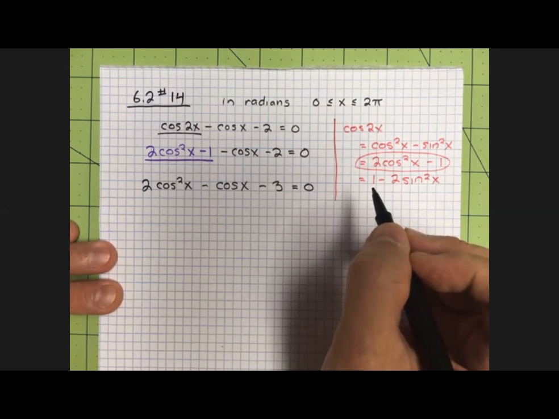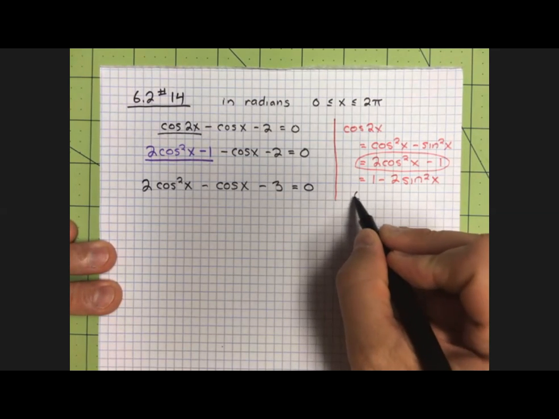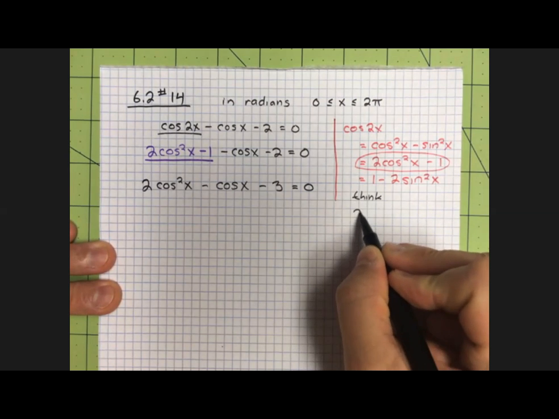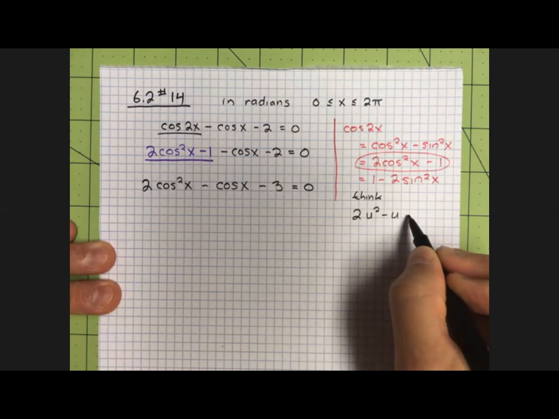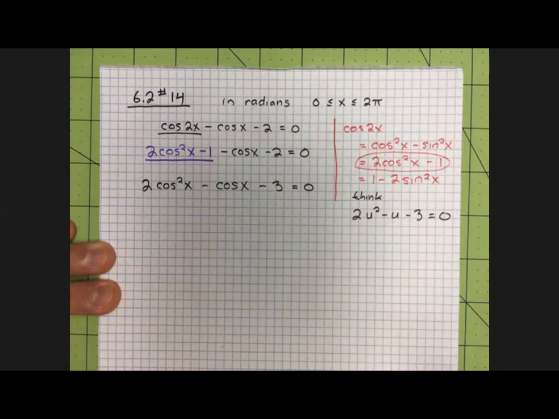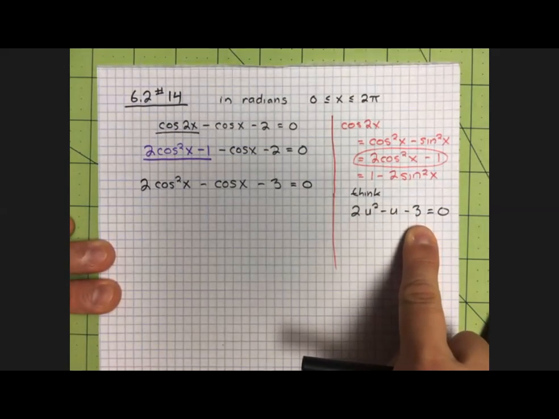Now it's possible I could factor this, besides using the quadratic formula. So I want to see if I can factor this. Think about this as 2 times something squared minus something minus 3 equals 0. Can that expression be factored?